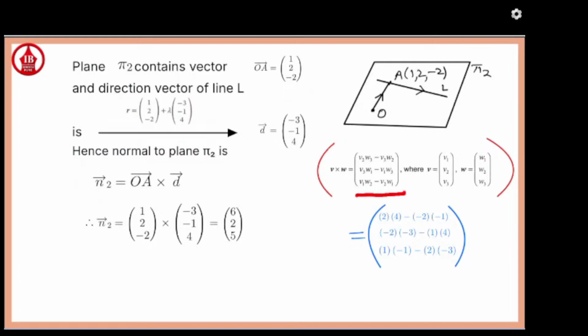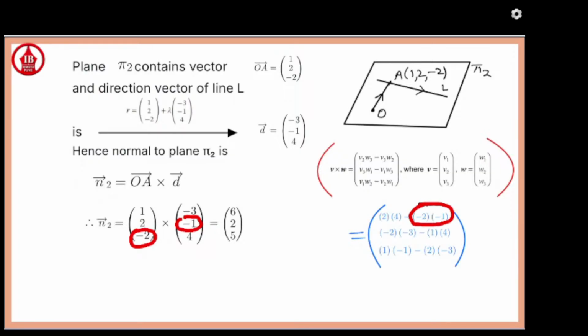So how do we write it? Where v1, v2, v3 is the first vector and w1, w2, w3 is the second vector. The first component is v2 w3 minus v3 w2: 2 into 4, minus 2 into minus 1.